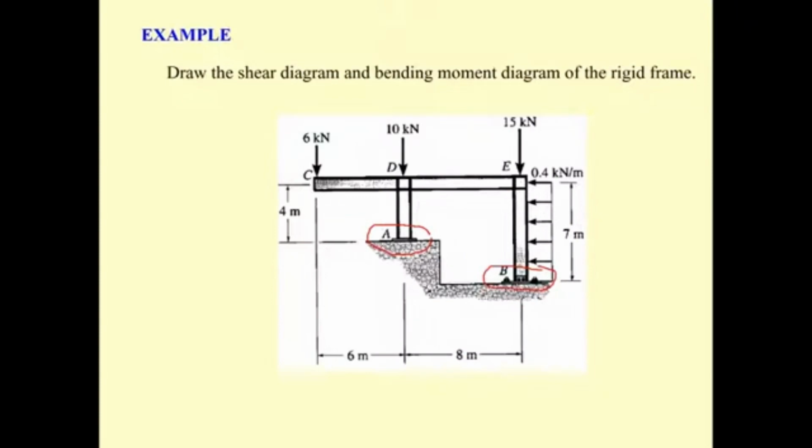So we will draw the whole frame's free body diagram, and then we will compute the 3 reactions by using 3 equations of equilibrium. And then we separate the frame into 4 pieces, and we analyze the end shear force and end moment, and finally we draw the shear diagram and moment diagram by using the graphical method.